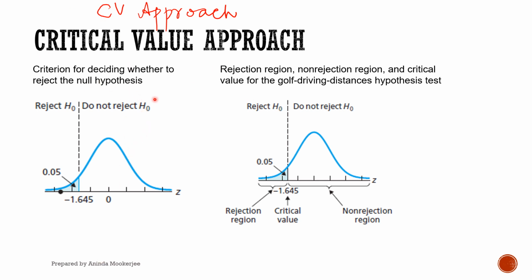Now, what the critical value approach does is it provides a cutoff between rejecting a null hypothesis and not rejecting a null hypothesis. So, a critical value, as the name suggests, is the critical point at which a null hypothesis may get rejected or will get rejected. All right, so that's why it's called the critical value.